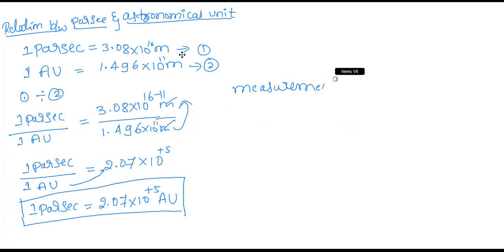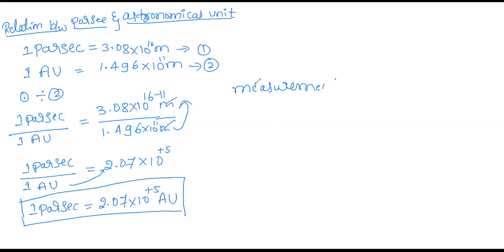First one is the direct method, second one is the indirect method. In the direct method, we measure the length by using meter scale, vernier calipers, screw gauge. Measurement of length is the main heading, what we have studied so far.